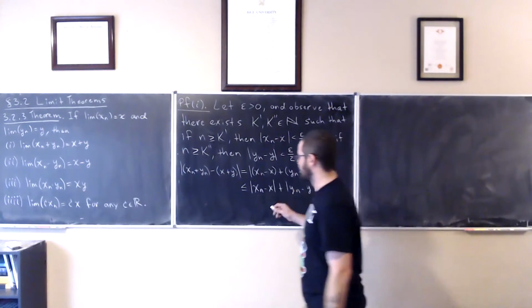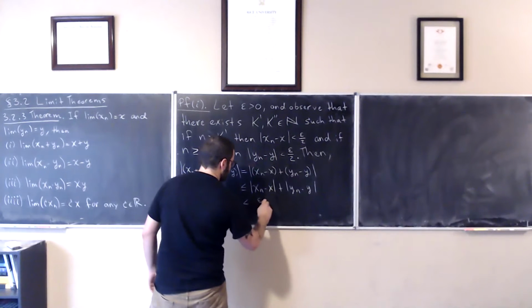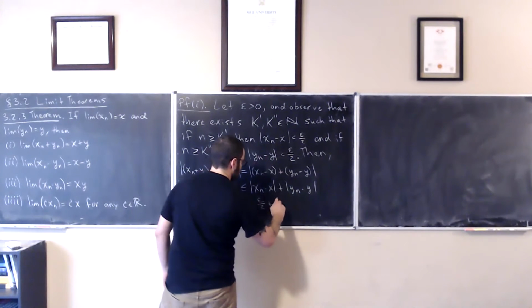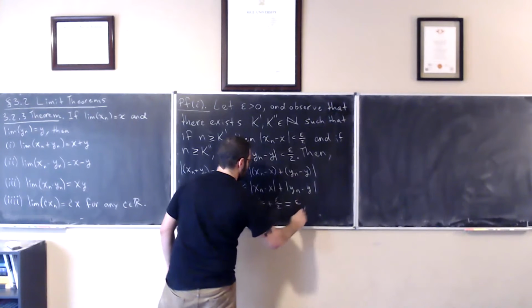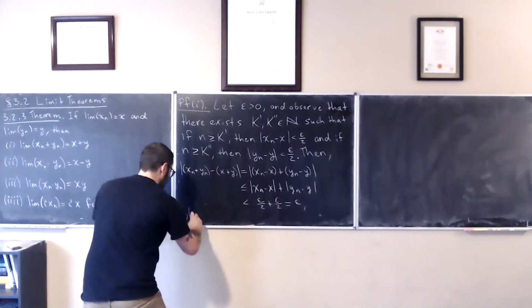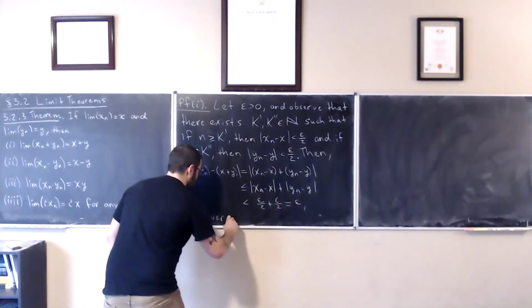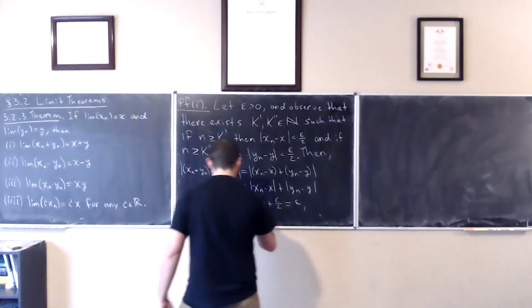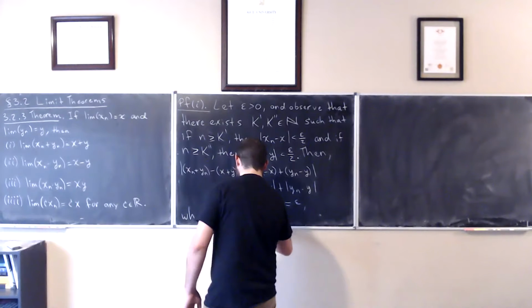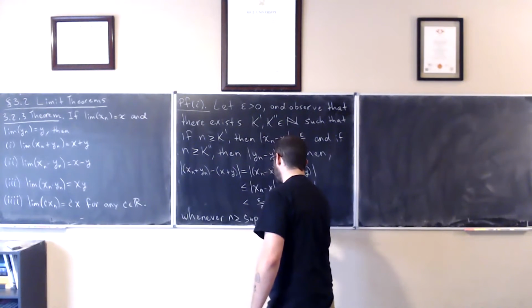So I'm going to go ahead and say this is strictly less than epsilon over 2 plus epsilon over 2, which is equal to epsilon, whenever n is greater than or equal to the maximum of k prime and k double prime.